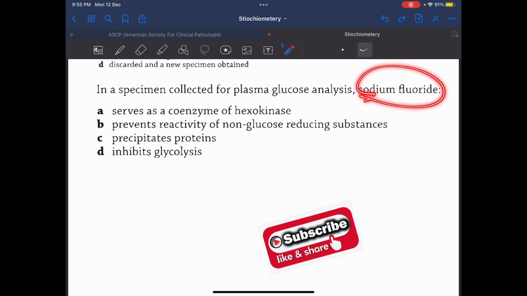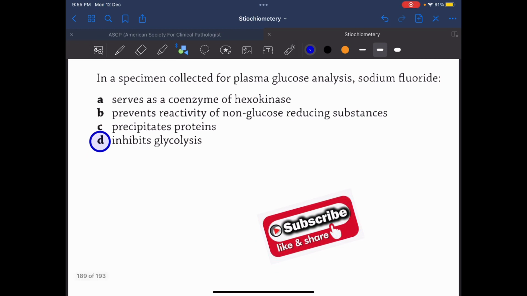Sodium fluoride is used in glucose tests to inhibit glycolysis. So the correct answer is D.